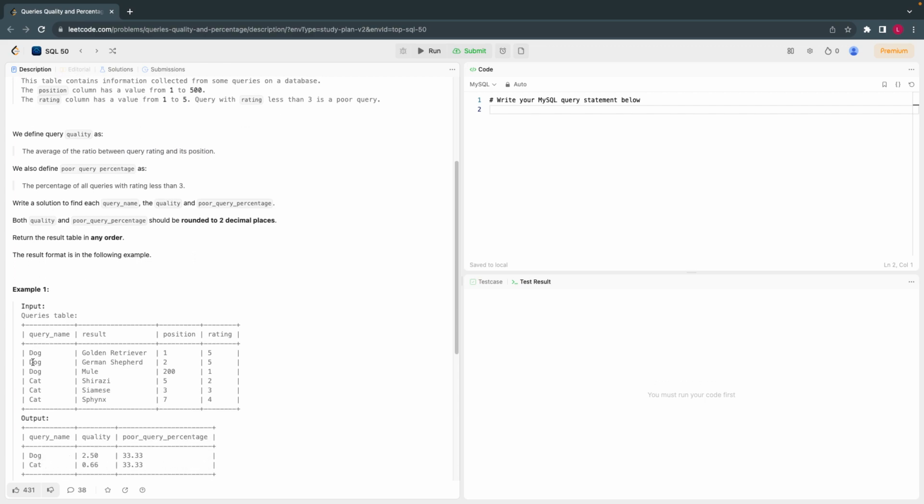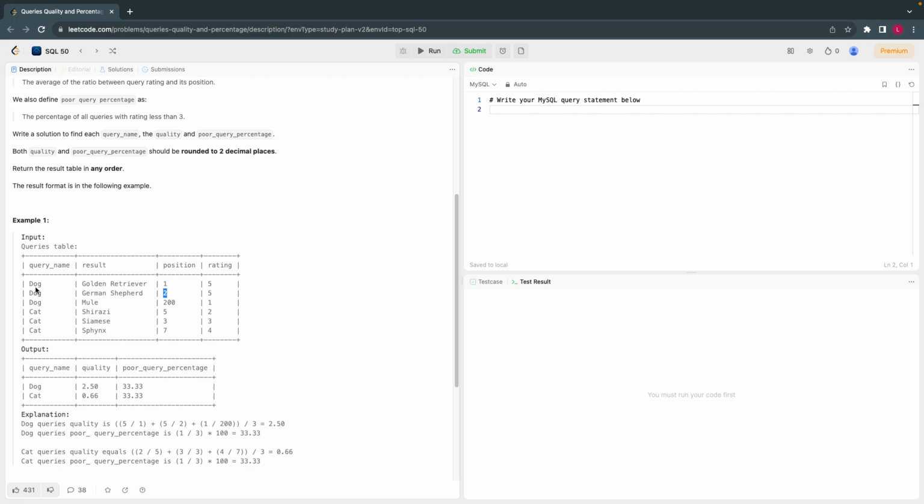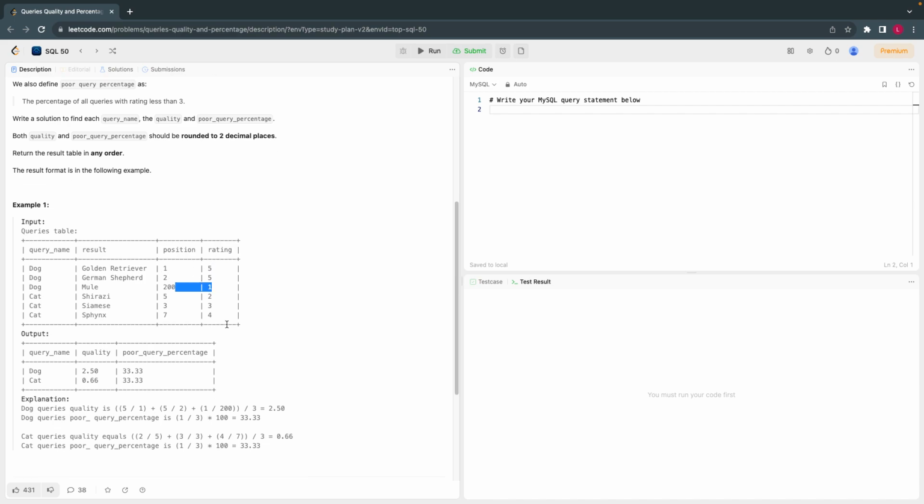For each query name, for example, let's say query name dog, we have to calculate the average value. So how do I calculate this? Rating divided by position, for each of these records. For this query name there are three records. So this divided by this, plus for all of the values we have to add it.